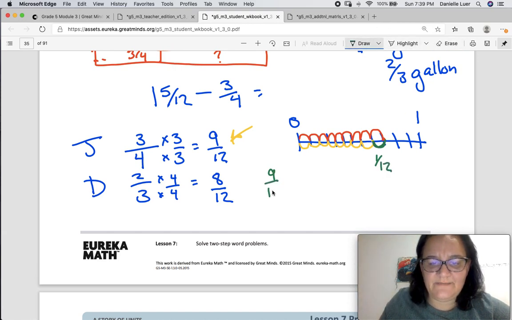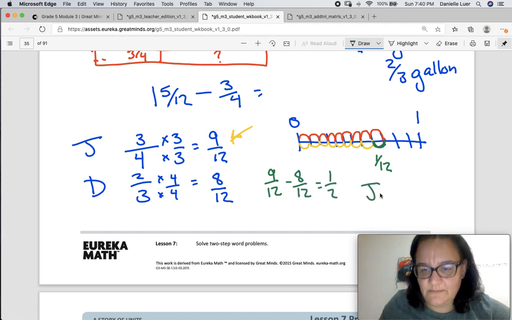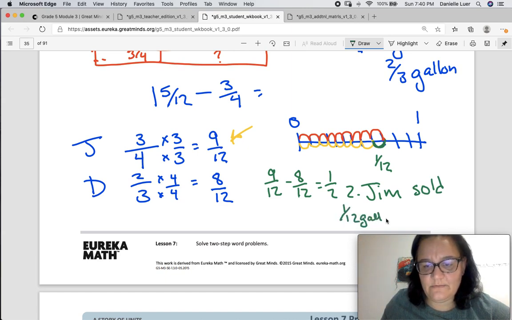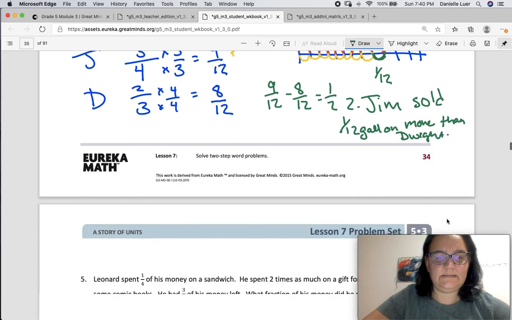So 9/12 minus 8/12 equals 1/12. Jim, so this is my second part, sold 1/12 of a gallon more than Dwight. Good. All right.